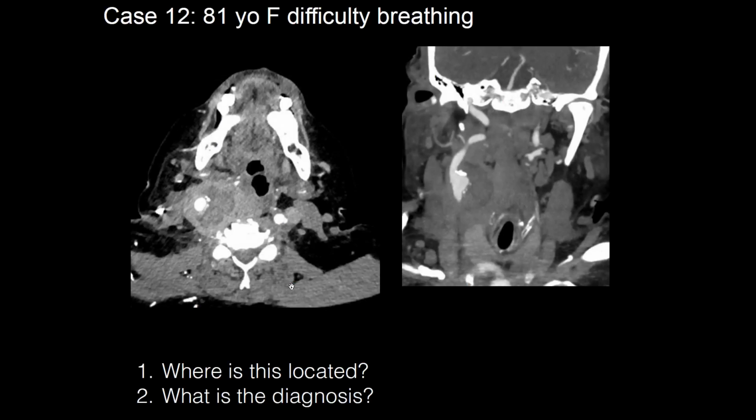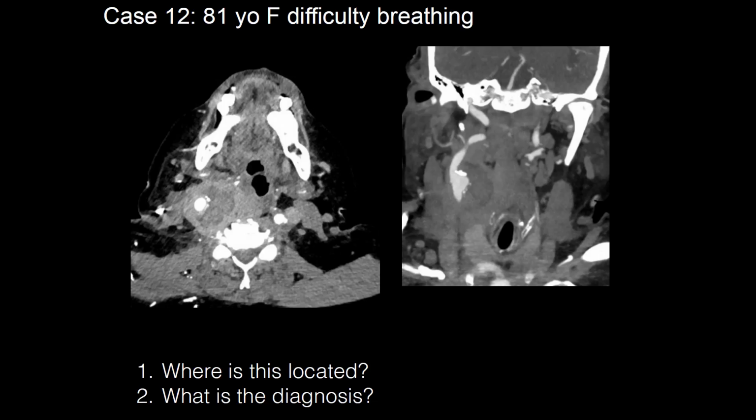Okay. This is an 81-year-old with difficulty breathing. Where do you think it is, and what do you think the diagnosis is, Davis? Okay. It's in the right carotid space. Yep. Okay, so what is the diagnosis?